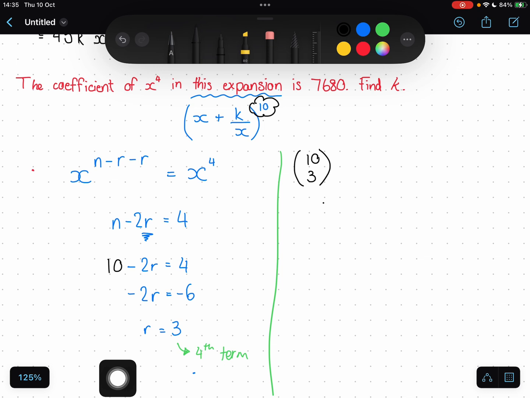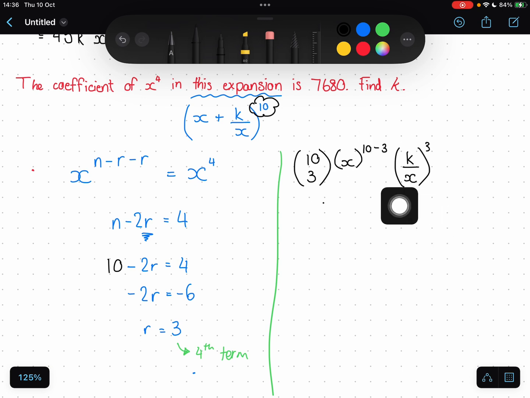We already know what the final power on the x is going to be, but let's just do this anyway. It's going to be x to the power of 10 minus r, so minus 3, and then k over x to the power of r, so to the power of 3. It's nice to do this out fully anyway, because then we can see if we definitely end up with an x to the power of 4. So 10 choose 3, put that into your calculator, we get 120.